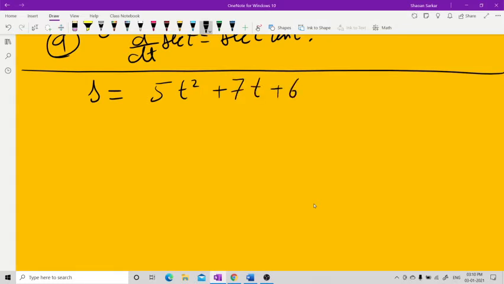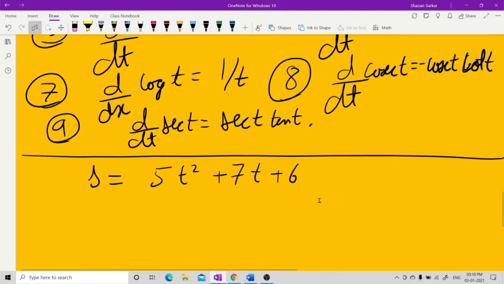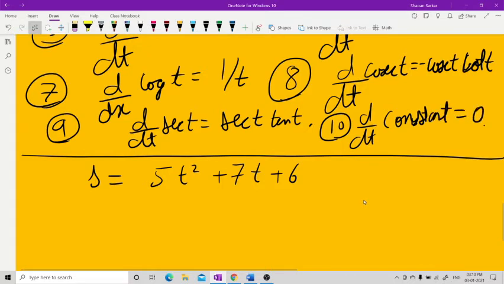Also, one more thing I forgot to tell you on the top, the 10th one: d by dt of a constant is equal to 0.